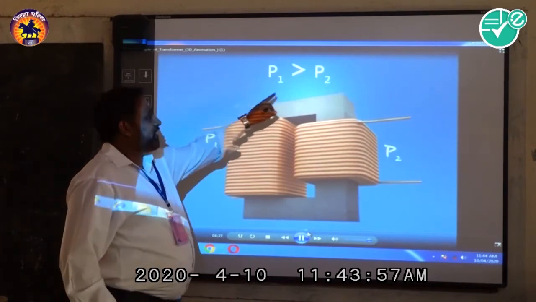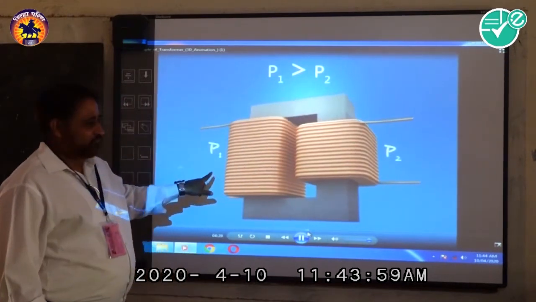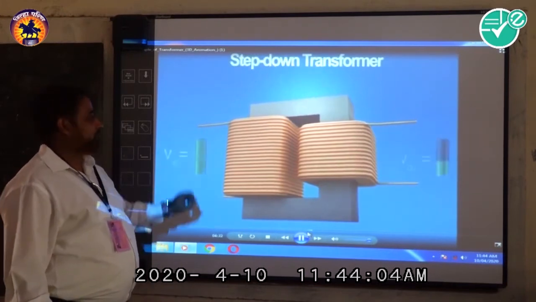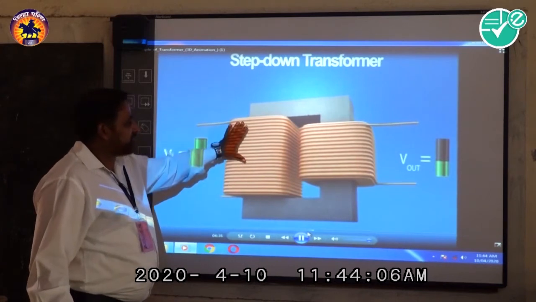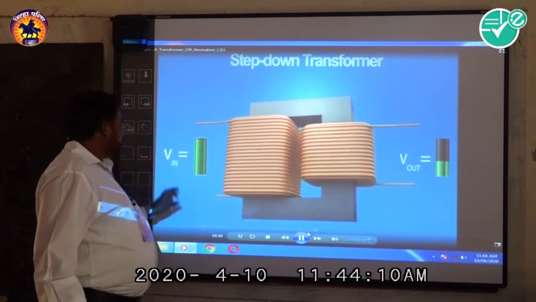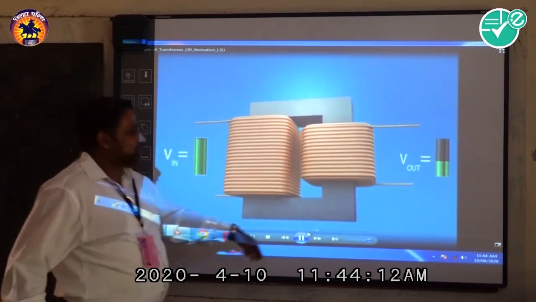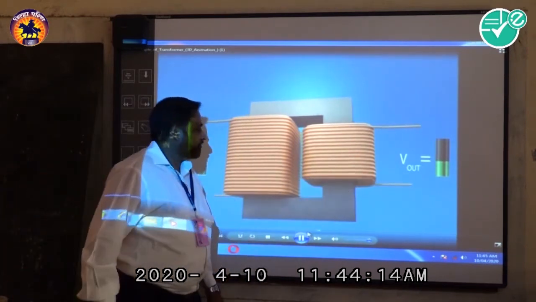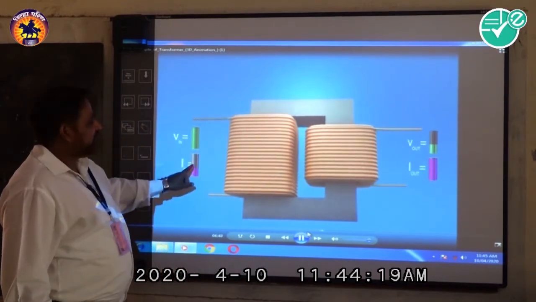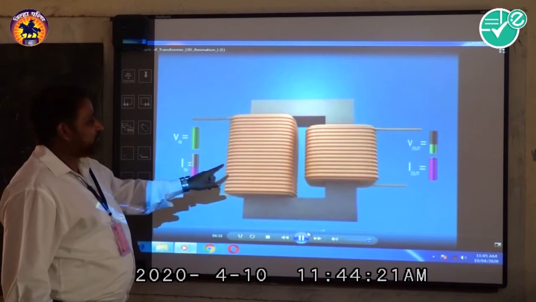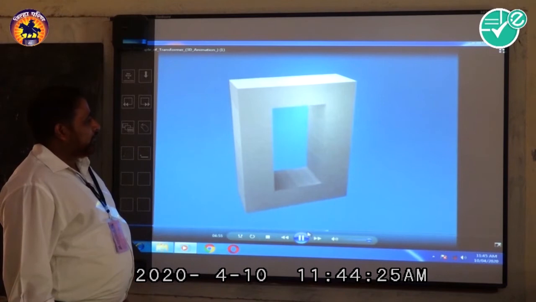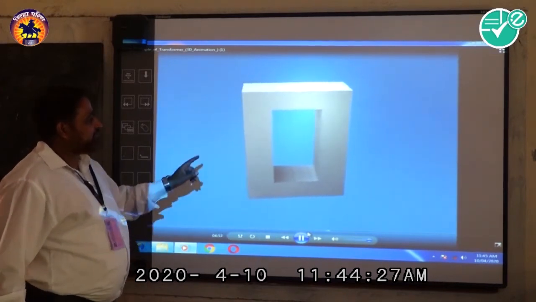So the P1 is greater than P2 in the second case, that is step-down transformer, whereas the number of turns in the primary are more than the number of turns in the secondary. Hence, input voltage is more, whereas the output is less. So see here, in case of step-down transformer, the situation will be like this. And hence, the construction takes place.